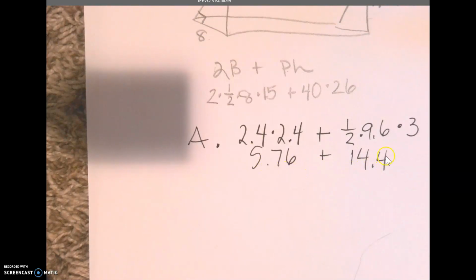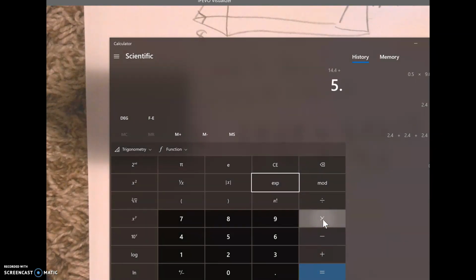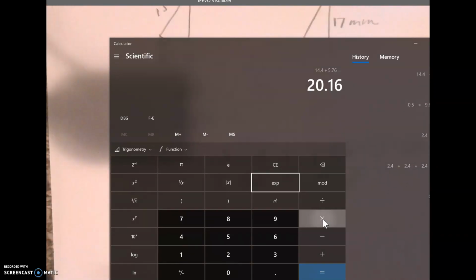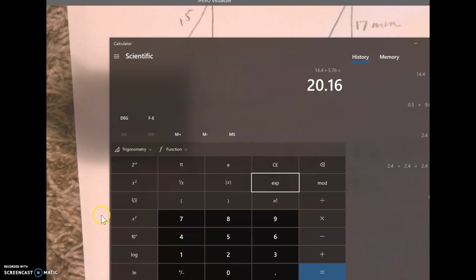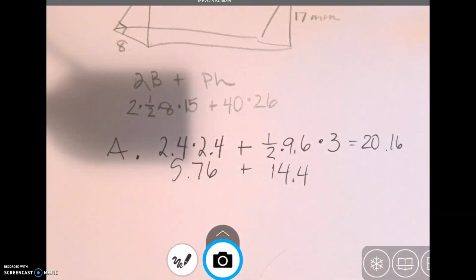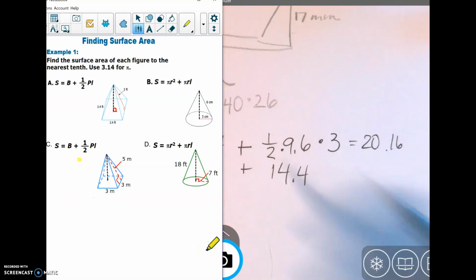So I just multiplied. Now I'm going to add. So my final answer is 20.16. And my units were feet squared, and this is feet squared because it is area.